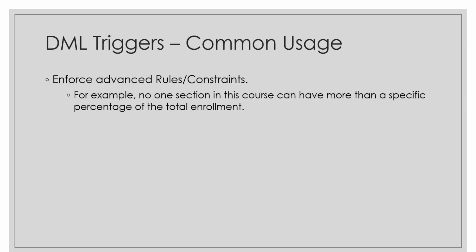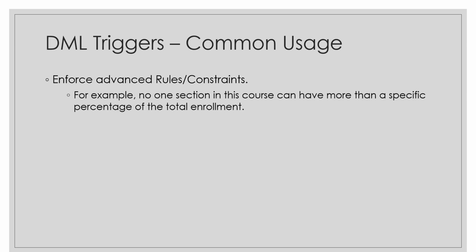Suppose that we have in our school here, we have enrollment. Maybe we have 100 students enrolled in this course. Right now we're divided into 3 sections. What if somebody somewhere made up a rule that no more than 40% of the total enrollment can be in any one section? How would you enforce that rule in the database? Well, a trigger could do it, right?